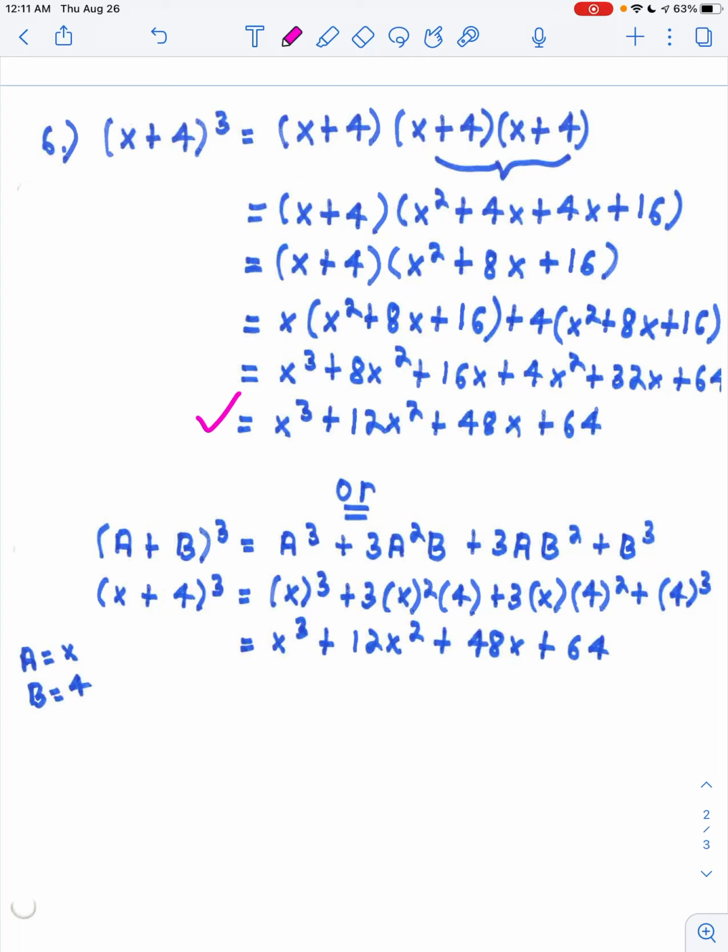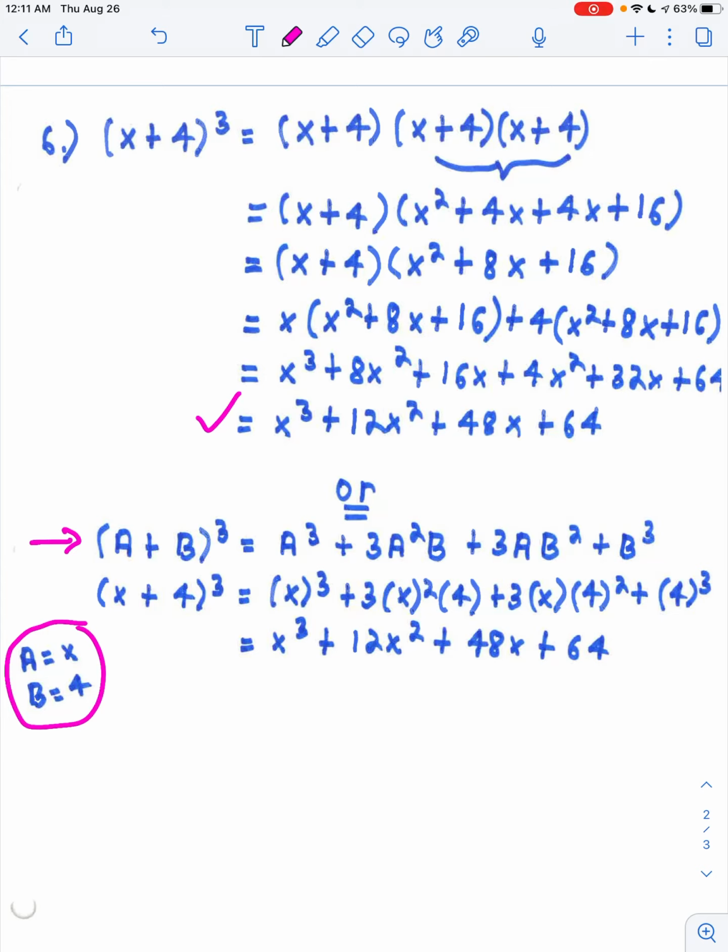On the sheet of special products, there is a shortcut for cubing a binomial. The rule is stated right here. You have to understand what A and B really represent. In our case, A is x and B is 4, and you plug into that rule.